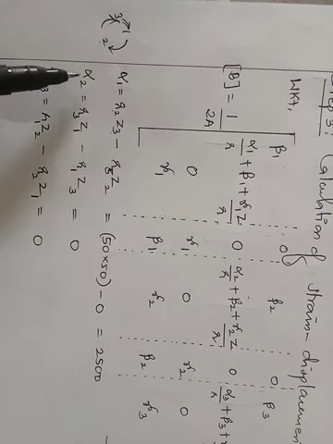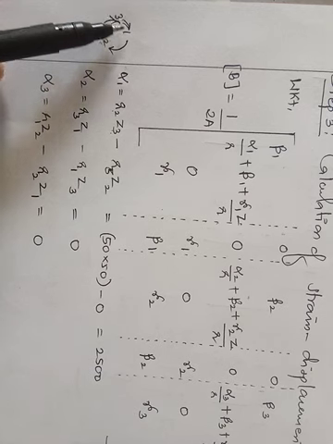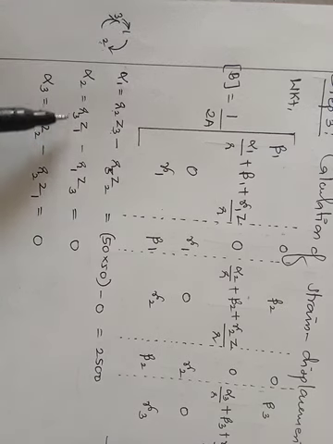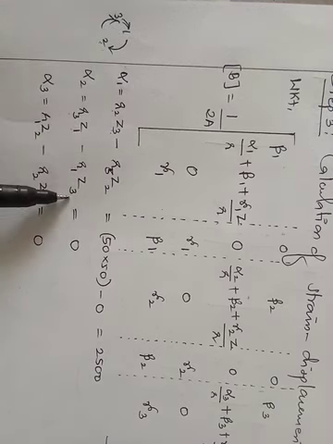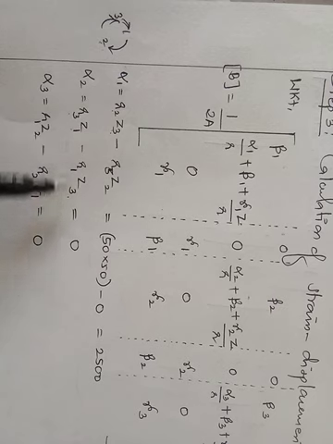Similarly, if you are writing for alpha 2, you are at this point. Which are the continuation terms? 3 and 1. So it is R3 and Z1. For the second term, you are going to exchange the subscripts. So if R is having 3, in the second term Z should have 3. And if Z is having 1, in the second term R should have 1.